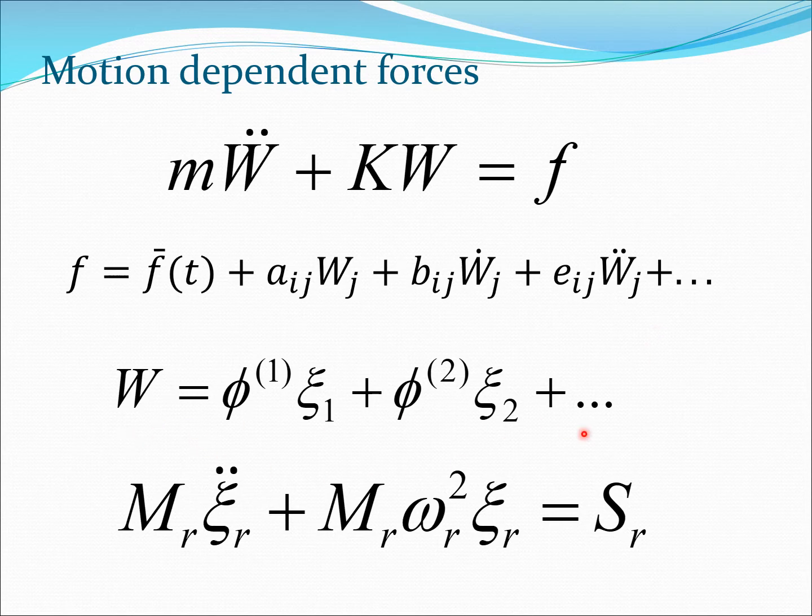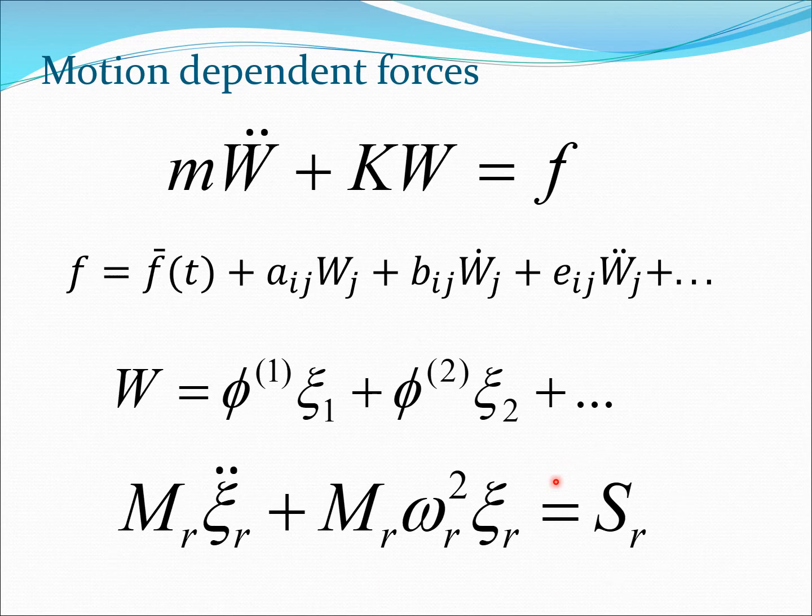Now again we assume a modal solution as usual, so we say the solution is mode 1 times modal coordinate 1 plus mode 2 times modal coordinate 2 plus so on. And when we make this substitution into our governing differential equation, we get our usual systems which are of single degree of freedom type.